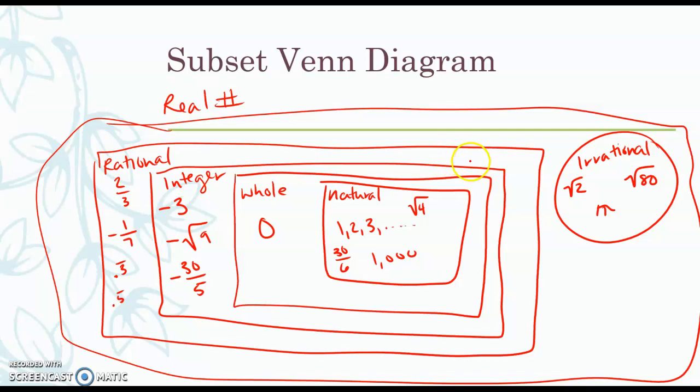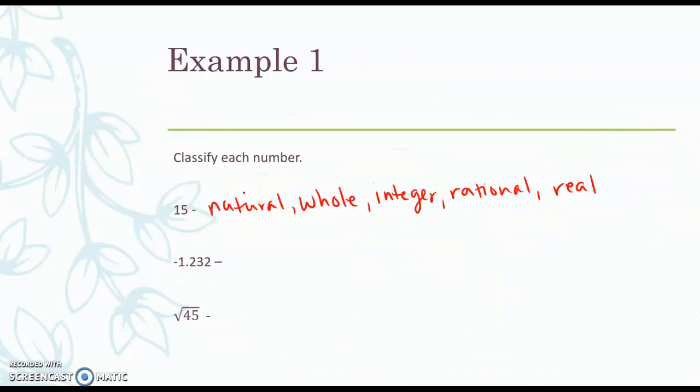Now, how did that work? I wanted to find the smallest box it fits in. In this case, it was the natural numbers. And then from there, I just follow it all the way back out to real. All right, so here I have negative 1.232. I don't have the ellipsis, the 3 dots at the end saying that it continues.